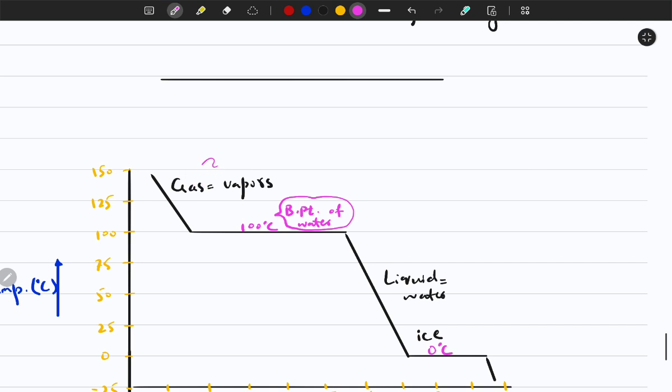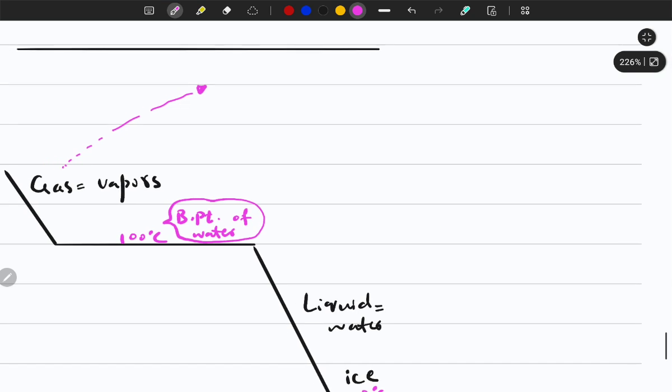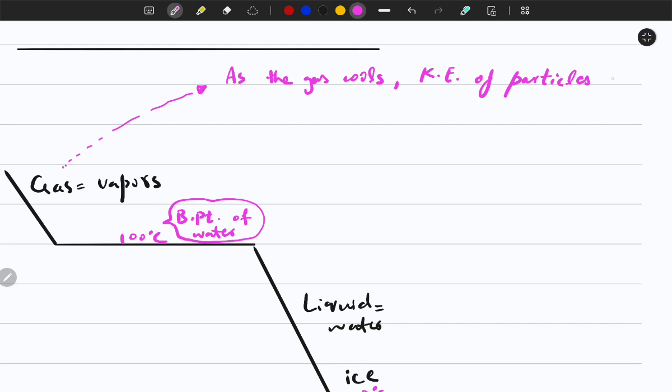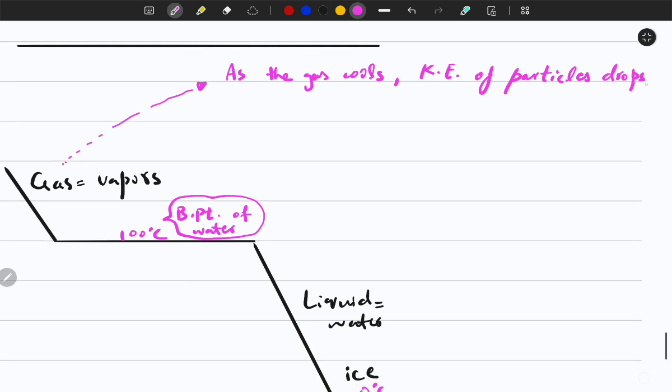At this stage, when it's gas and you are cooling it down and its temperature is dropping, as the gas cools, the kinetic energy of particles drops. It decreases.